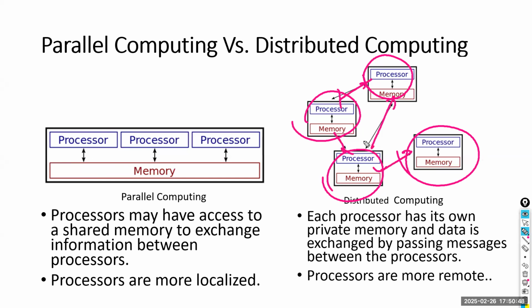Sometimes those computers are in different parts of the world, maybe connected through the internet. Right? So then someone will ask, why do you want multiple computers in different parts of the world doing the processing of one particular program, one particular task?